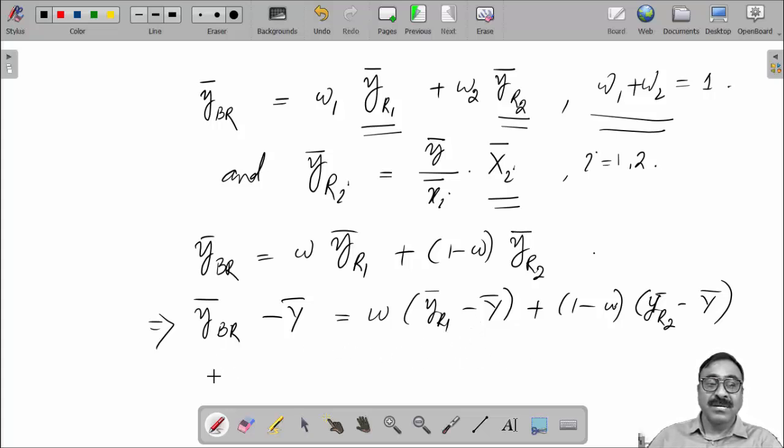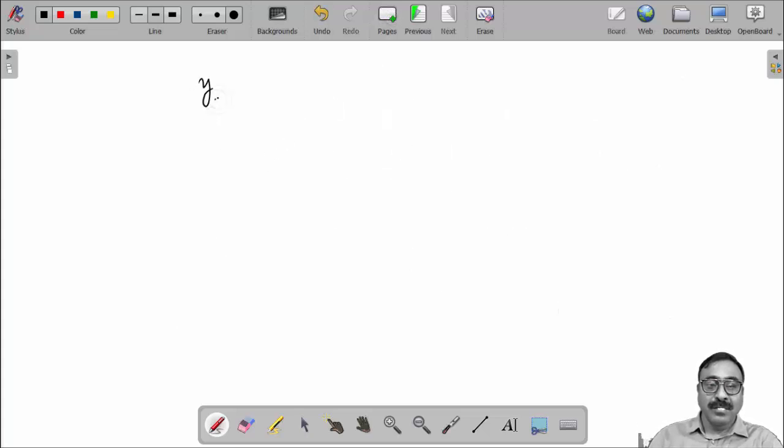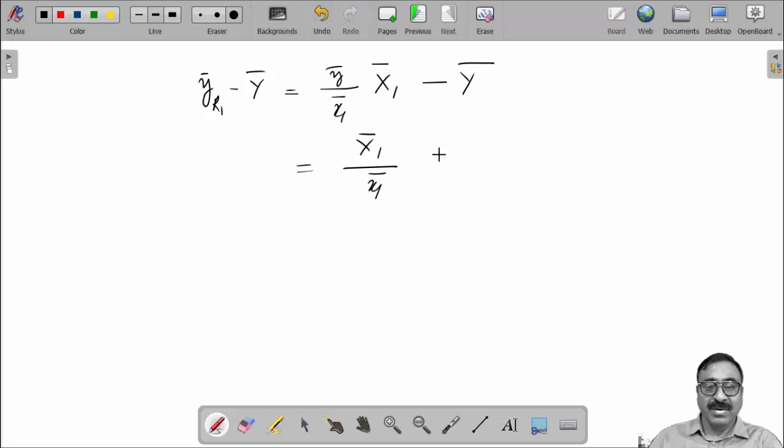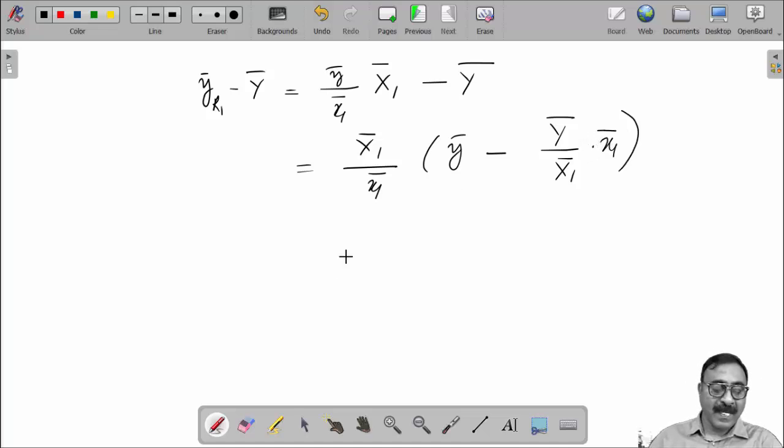So now y_R1 bar minus Y bar, that is equal to y bar by x1 bar into X1 bar minus Y bar, that is equal to X1 bar by x1 bar into y bar minus Y bar by X1 bar into x1 bar.